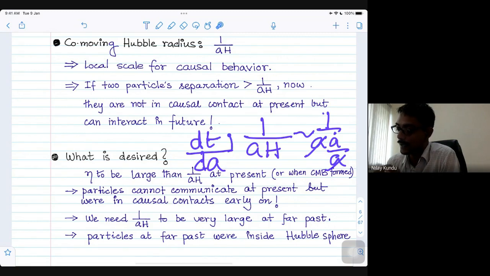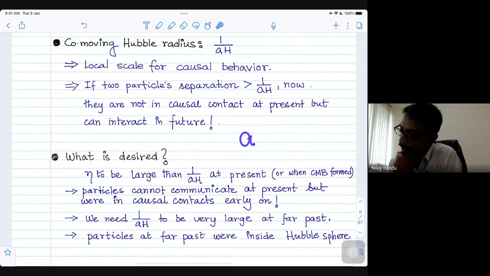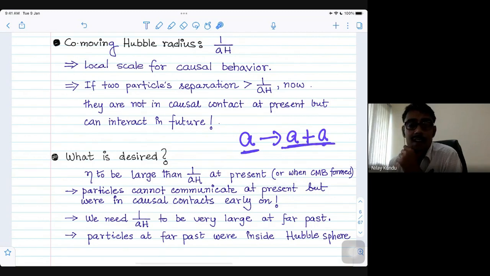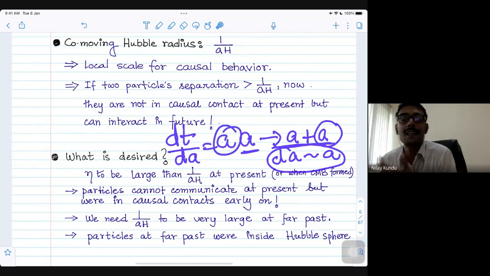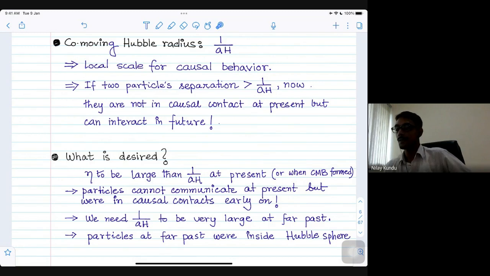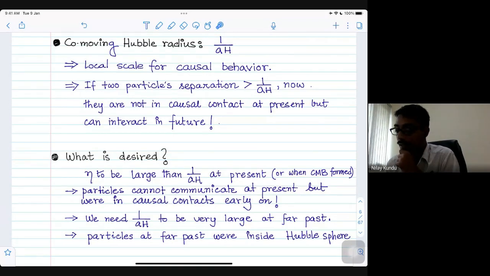Now dt over dA is this 1 over AH, and you can see that if A changes from A to A plus A, that means roughly the scale factor doubles, so that dA is A. This is a change in A. So dt over dA equals A. So this basically tells you that 1 over AH measures the time required for the scale factor to be doubled. So that kind of measure. So this is a local scale for causal behavior if two particles are separated.